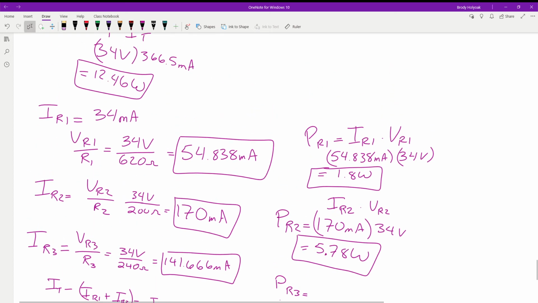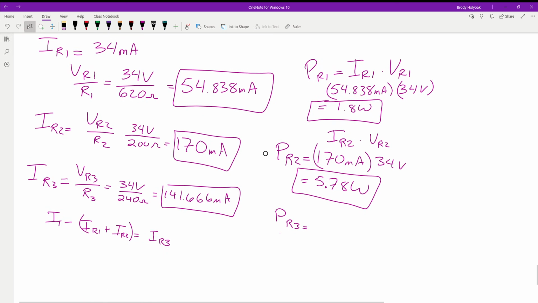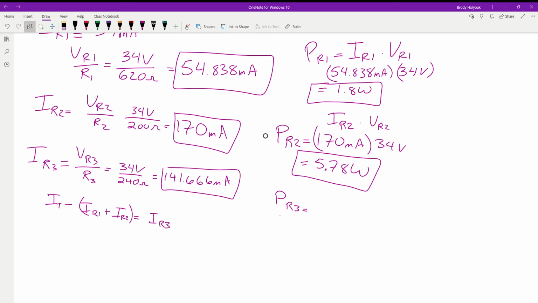Yeah, so that was power for resistor 2. We're on 3. 141.667 milliamps multiplied by the 34 volts gives us the 4.7 watts.